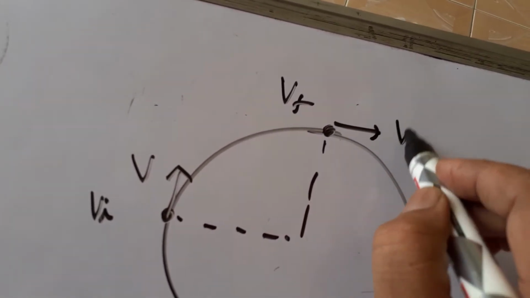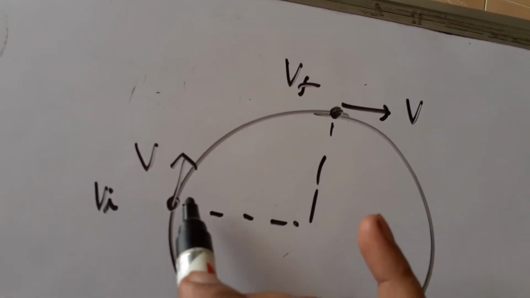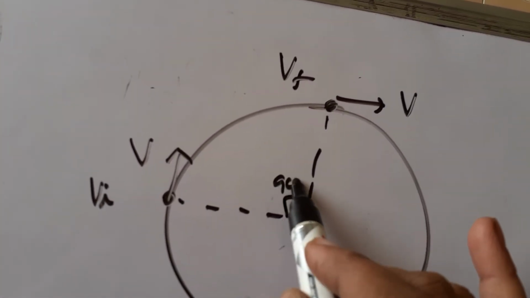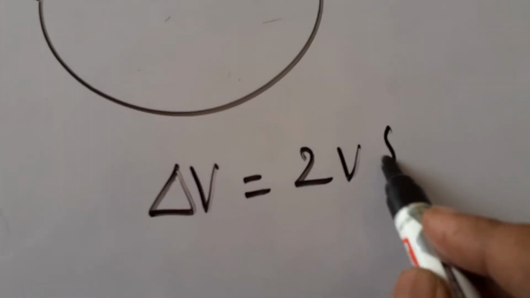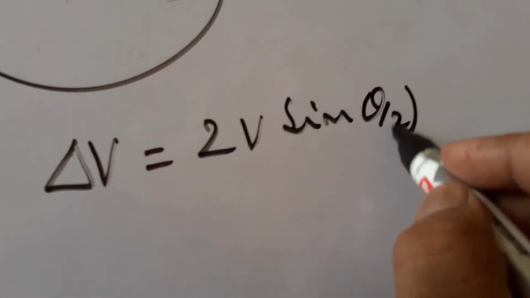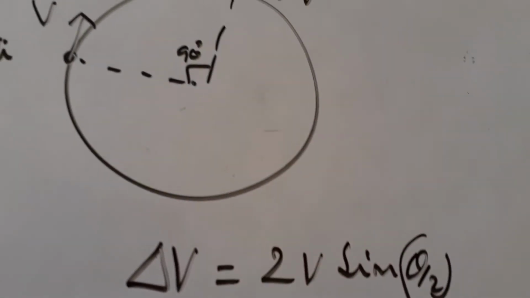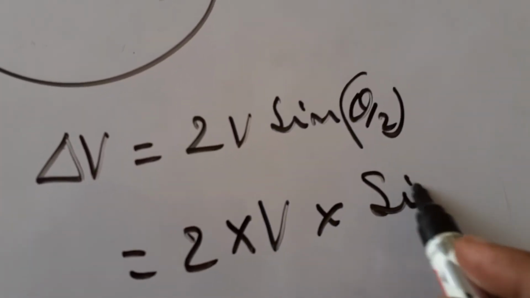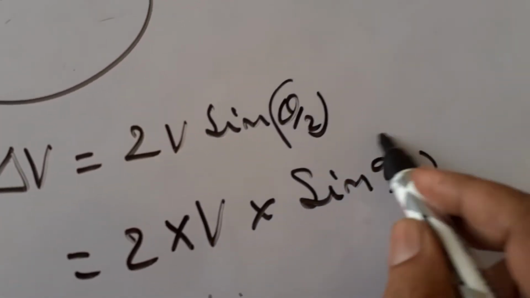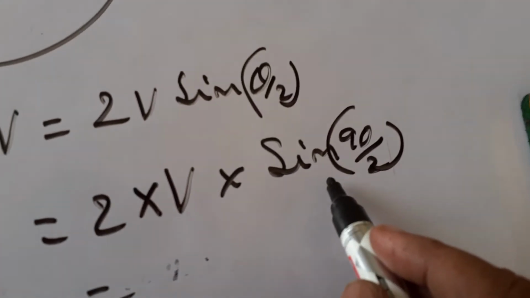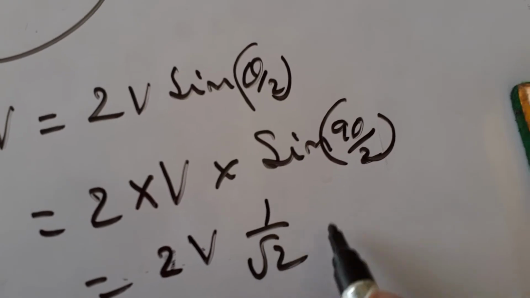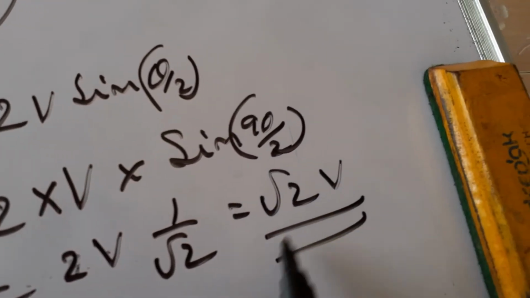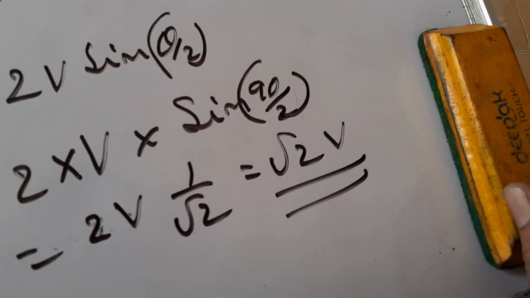Magnitude is the same, but velocity is along the tangent. So it has completed 90 degrees. So change in velocity magnitude is 2v sin theta by 2, that is 2v sin 90 by 2. Sin 90 by 2 means sin 45. 2v sin 45, 1 by root 2, so root 2 v. This is the magnitude of change in velocity.